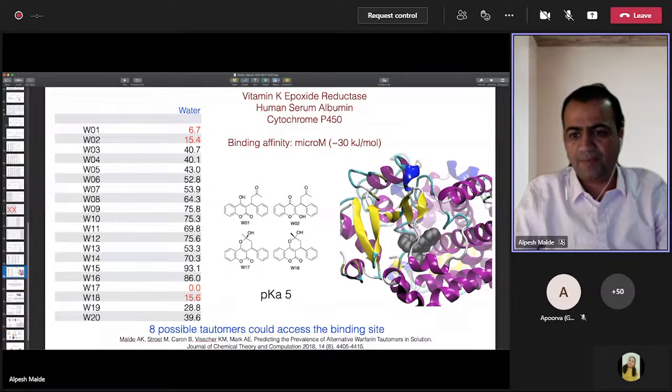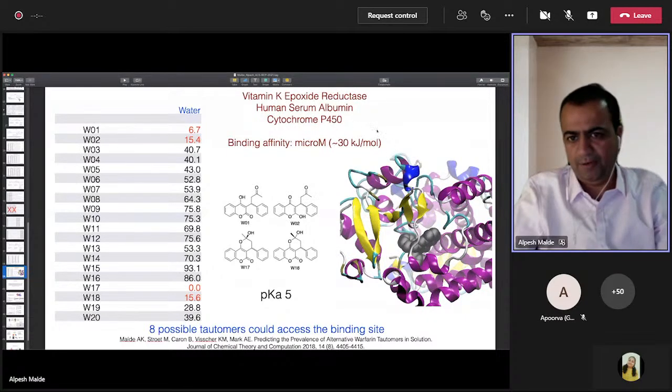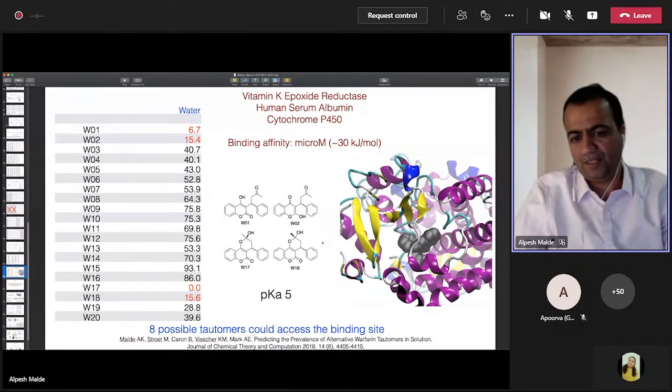Now we know by experiment that the binding free energy of warfarin with cytochrome P450 or albumin or its target vitamin K epoxide reductase is in the micromolar range, which is about 30 kilojoules per mole. So for that kind of free energy of binding, the binding pocket can accommodate these 4 tautomers for R warfarin and another 4 for S warfarin.